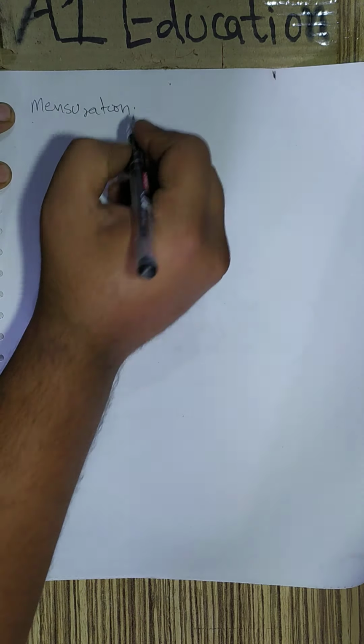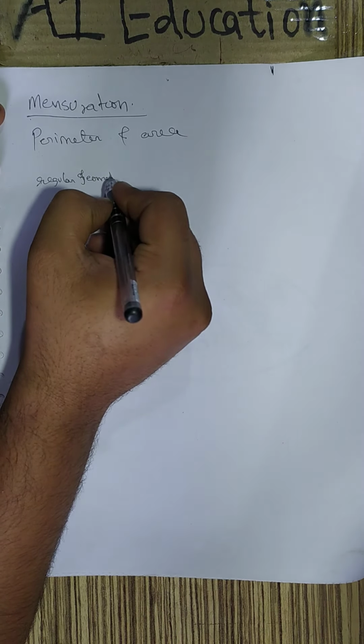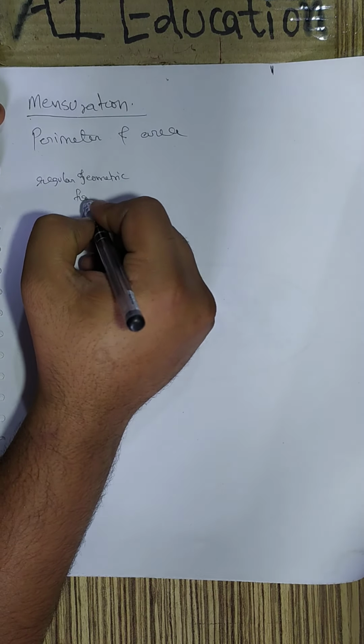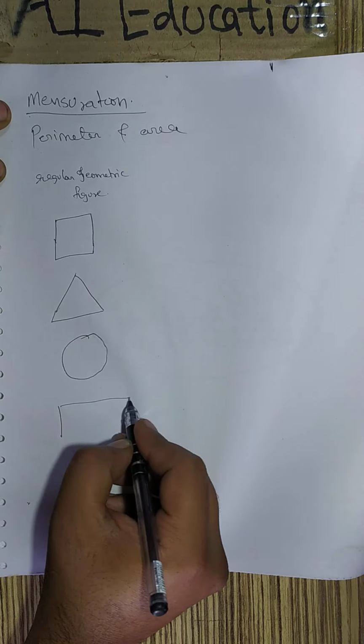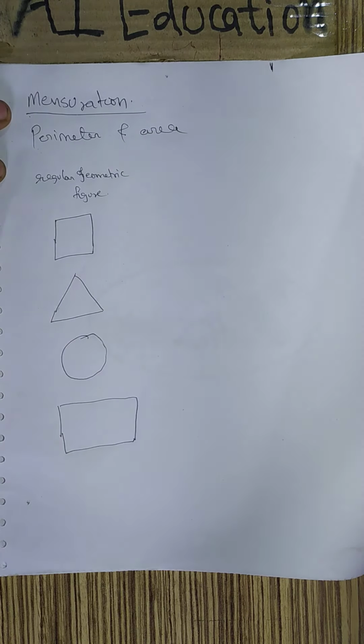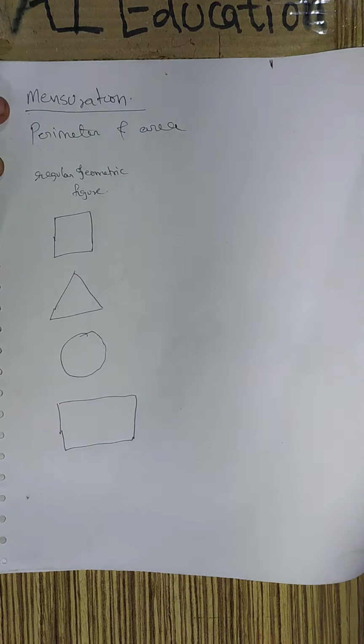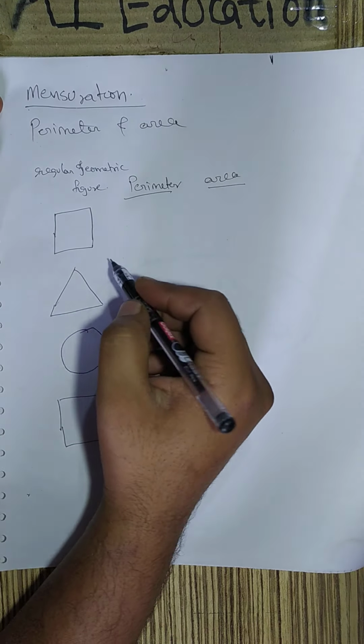Let us say I have these regular geometric figures which I come across in my daily life: square, triangle, circle, rectangle. So for these figures, formula for perimeter and area.